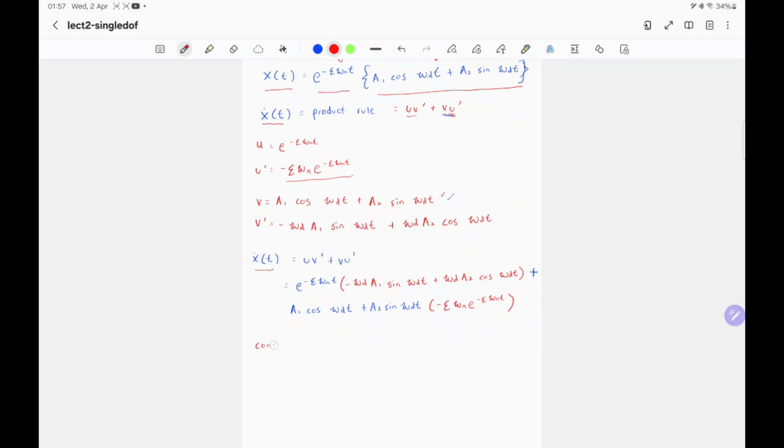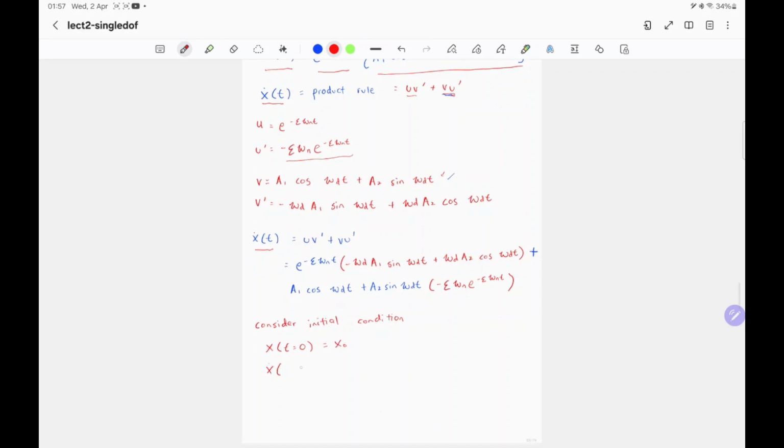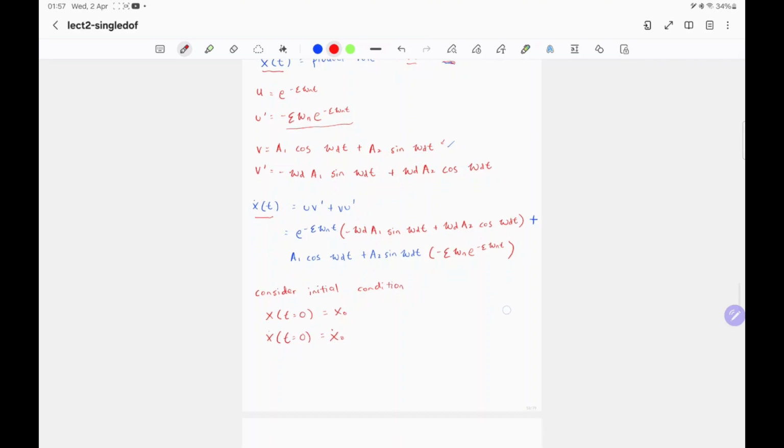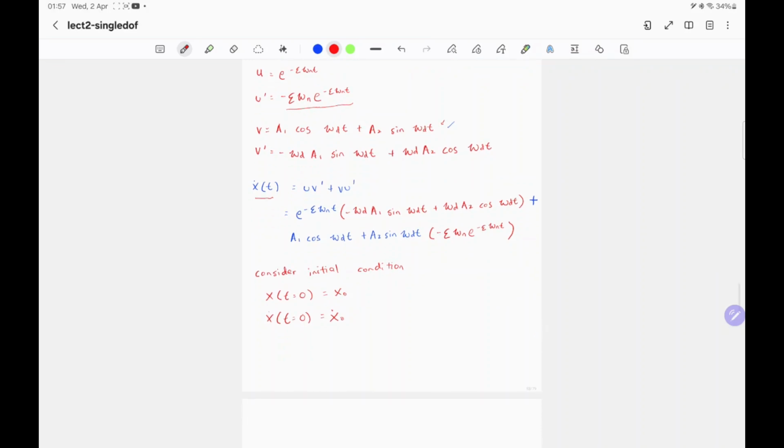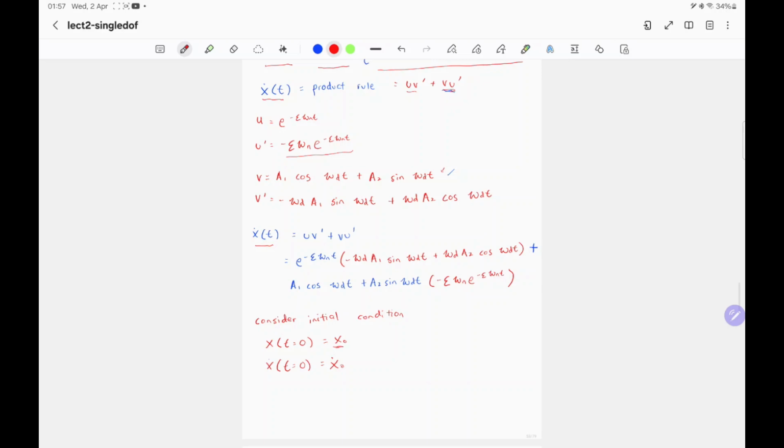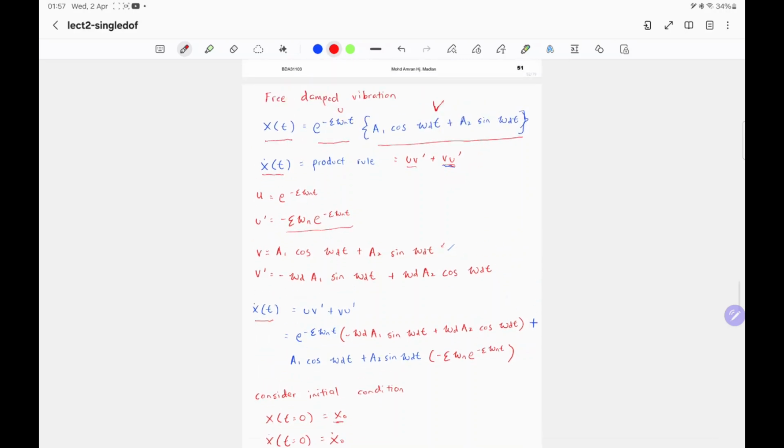So what is the initial condition? x when t is equal to 0 we write as x naught, and x dot when t equals 0 is x dot naught. We replace x naught in this equation.